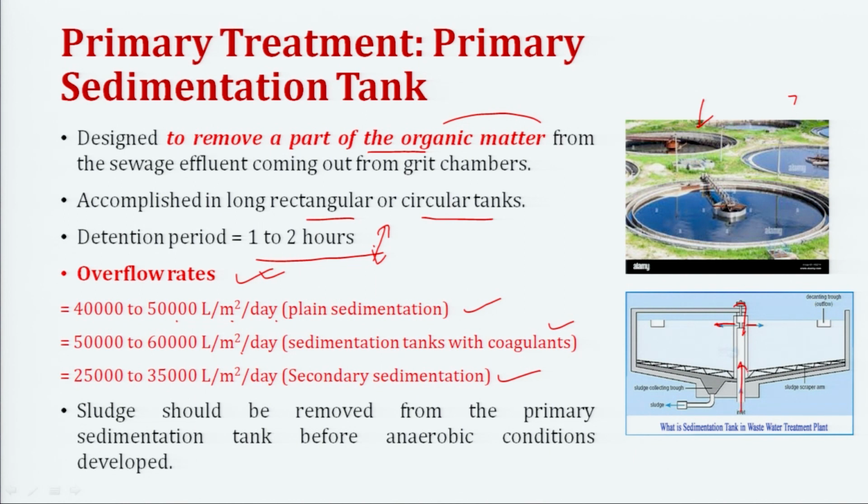The wastewater is allowed to sit in the sedimentation tank for the detention period, which may be around 2 hours, and then the sludge settles down. The settled sludge is removed through this part. This is the scraper. This is how a sedimentation tank works.